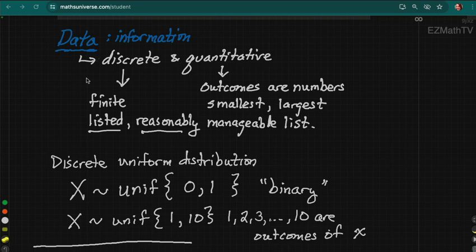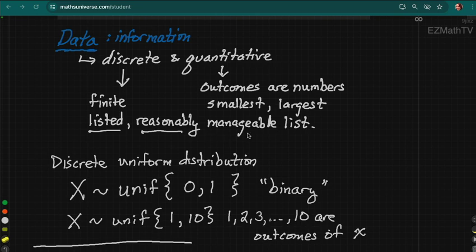So the data we're going to be dealing with today is both discrete and quantitative. Just to remind everybody, discrete data is where the outcomes are finite. So there's a finite list of outcomes, and it's a reasonably lengthed list of outcomes.